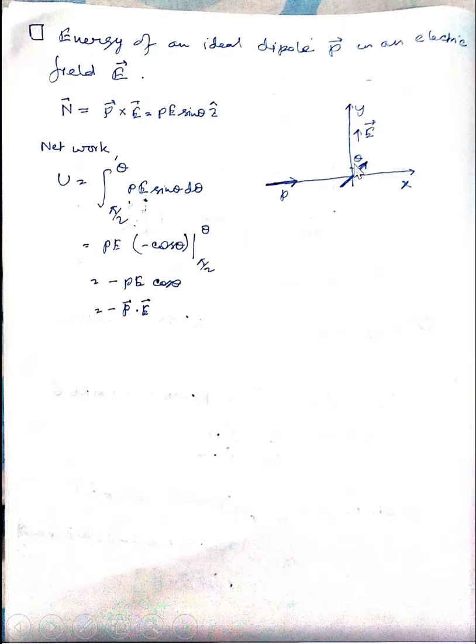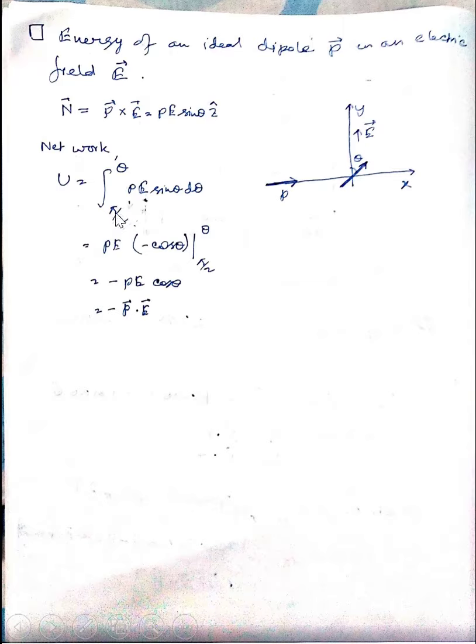And if I define theta in this way, then there is a torque, P cross E, which you already know. Now I am finding the work done and relating it to the energy. What is the initial theta? It is obviously pi by 2, because the y and x axes are mutually perpendicular.